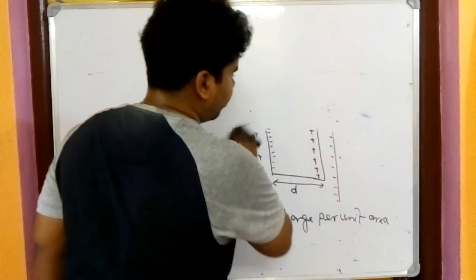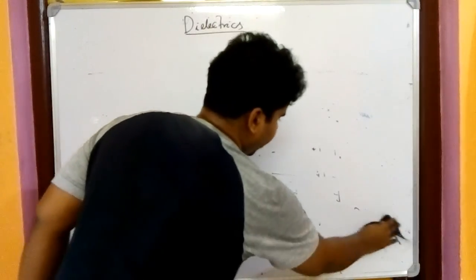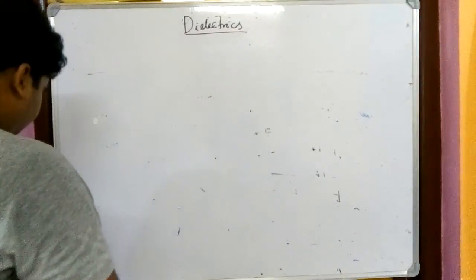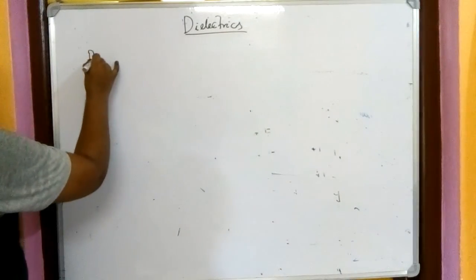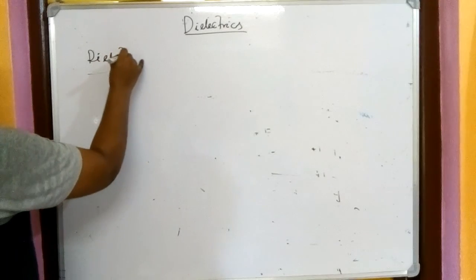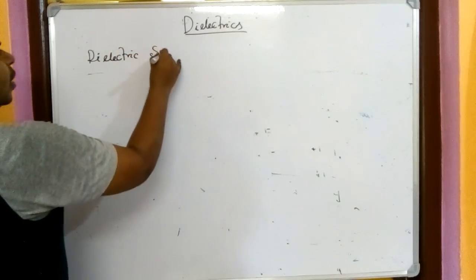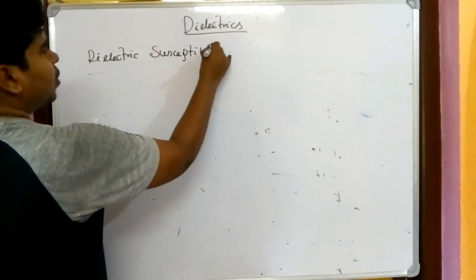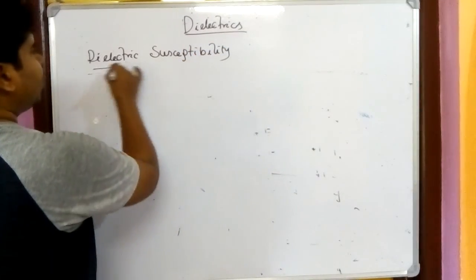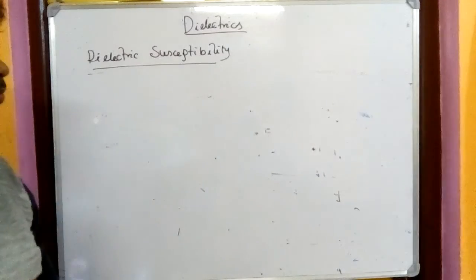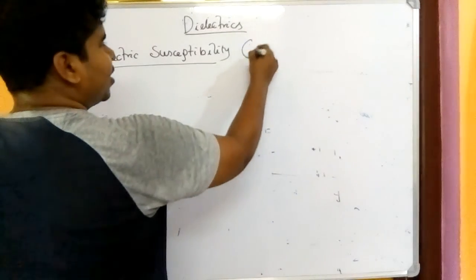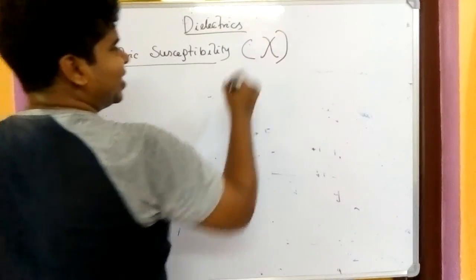Dielectric susceptibility. What is it? It is denoted by a very interesting symbol known as chi.